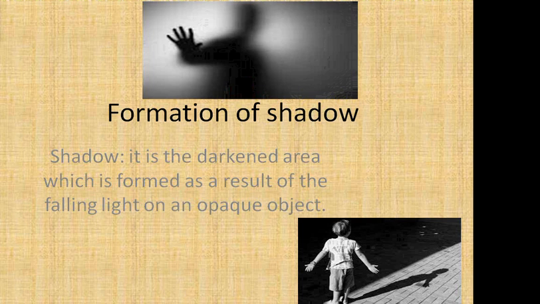You are considered an opaque object. So there is a shadow formed behind you. The direction of the shadow is affected by the direction of the sun or the direction of the source of light.